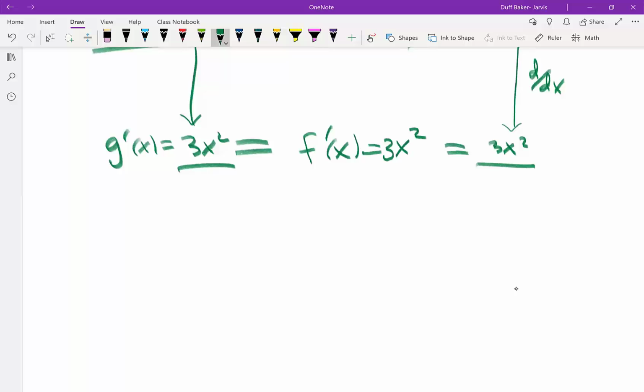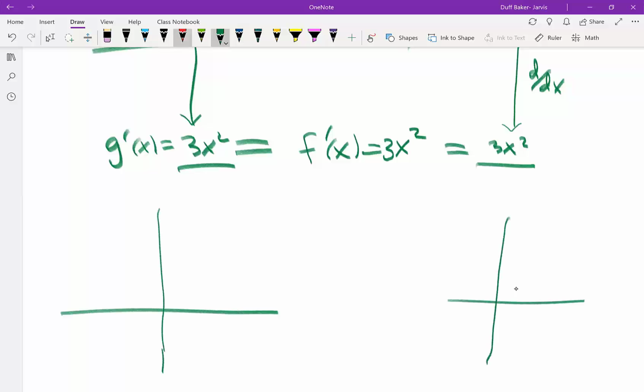And the basic idea is, if you look at the two graphs, x cubed just looks like that. And x cubed plus 7 might look like this, and these both have the same derivative, right?